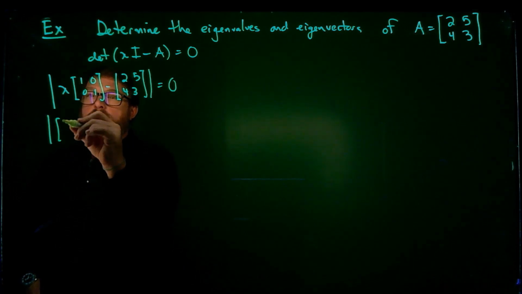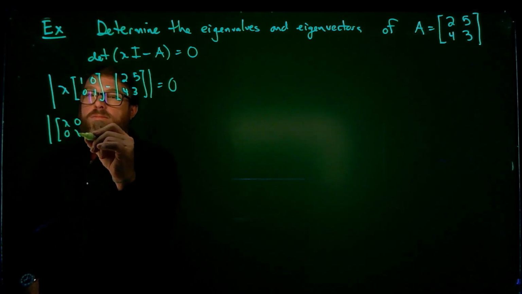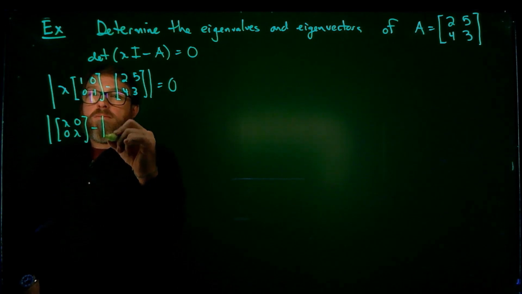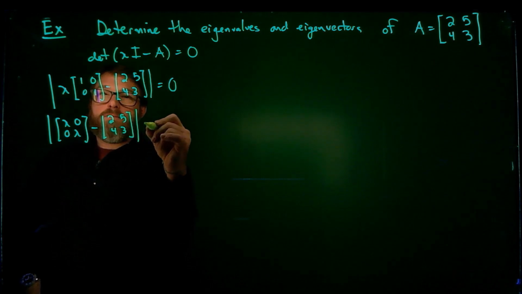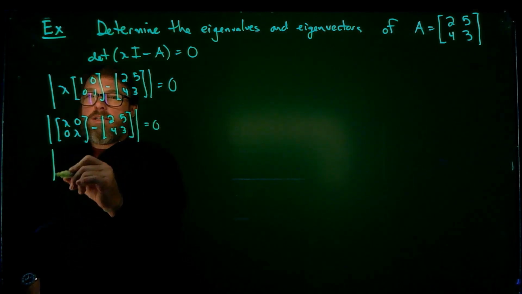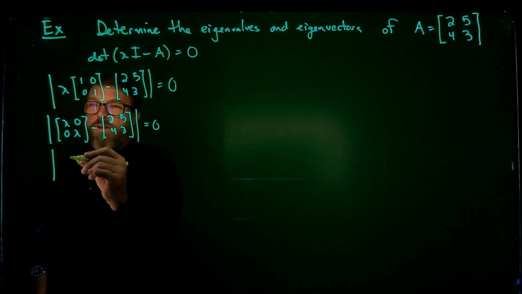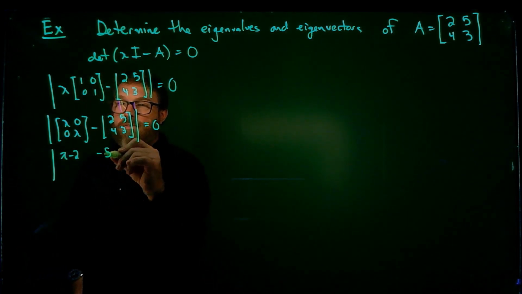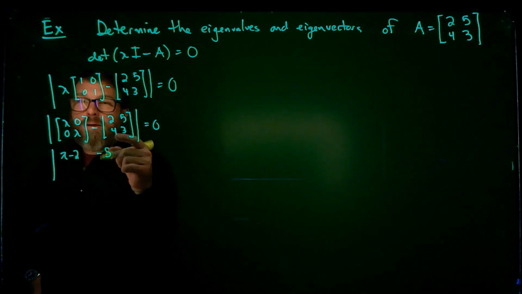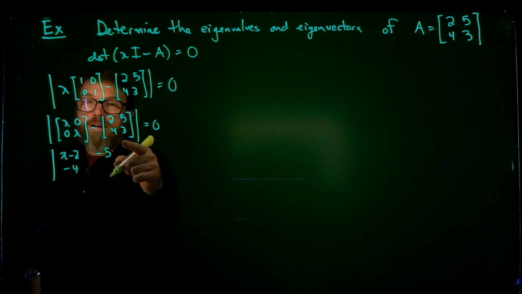Simplifying this, lambda's are on the diagonal. And condensing, subtracting these two, we're going to have lambda minus 2, 0 minus 5, so negative 5 in that component, 0 minus 4, so negative 4 here, and then lambda minus 3.